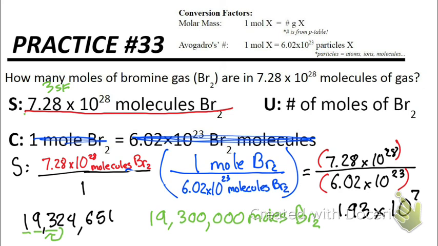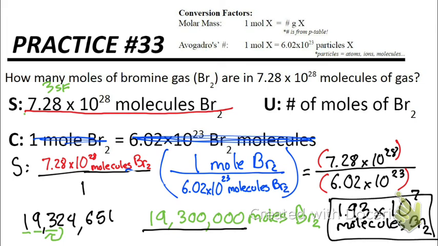And because I was creating a very large number, it would be a positive value for our exponent, which is why it's positive 7 and not negative 7. So that would be, again, molecules of Br2. Either one of these answers is acceptable. They are both rounded according to the rules of sig figs, even though they're in 2 different types of notation.